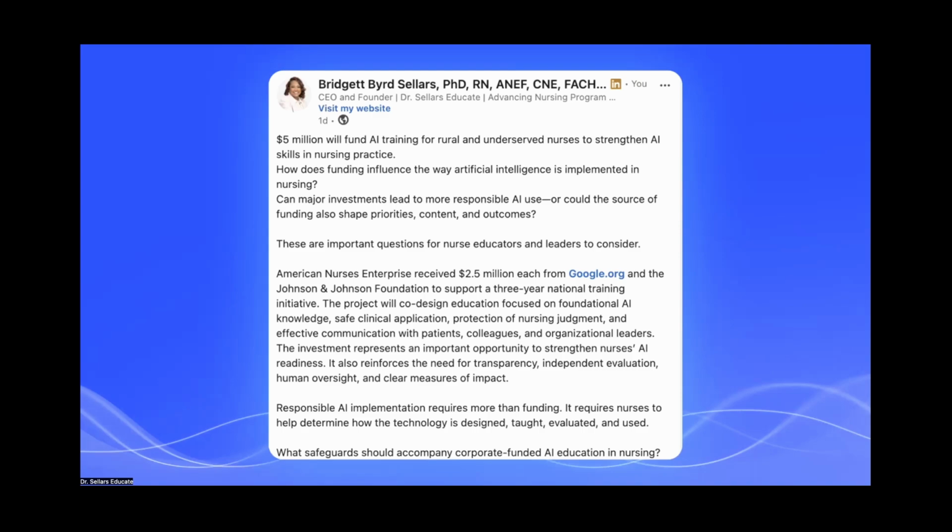ANE received 2.5 million from Google, and the J&J Foundation supported them with 3 years of the National Training Initiative. They also funded 2.5 million. So that's where the total 5 million came from. But listen to this part.